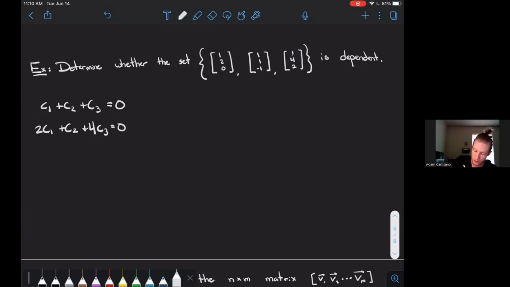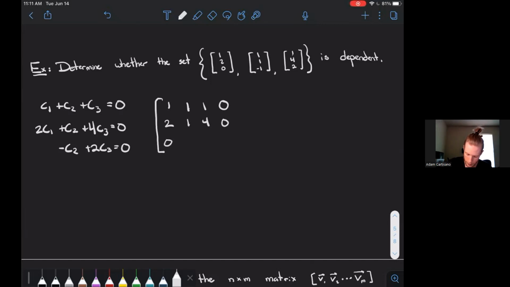And 0C1 minus C2 plus 2C3 equals 0. It's not that bad. Let's write the augmented matrix and actually row reduce it. 1 1 1 0, 2 1 4 0, 0 minus 1 2 0.